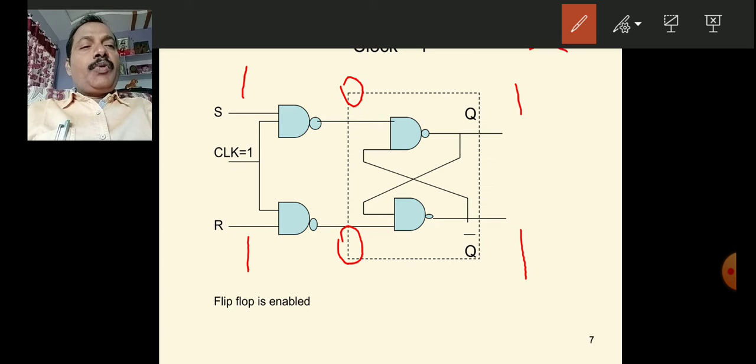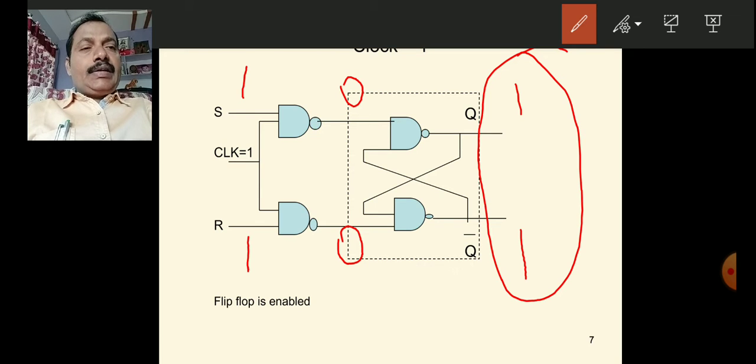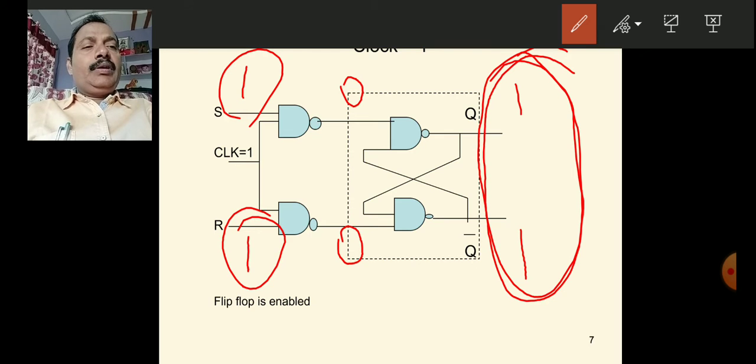But it is prohibited because we must see complementary outputs. When Q is 1, Q bar must be 0. When Q is 0, Q bar must be 1. So that is the condition. These two are the complementary outputs. Hence, whenever S is 1 and R is 1 are applied, you are getting uncomplementary outputs, which is not acceptable. It is a prohibited state and undefined. So that is the thing you have to remember.